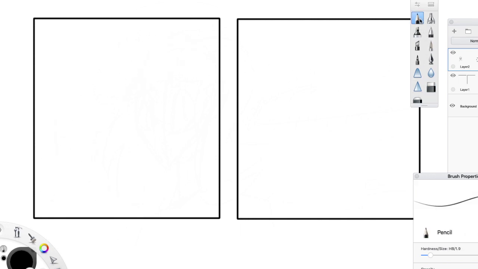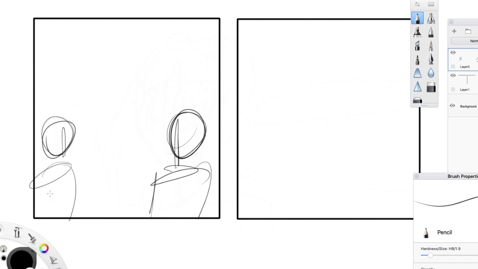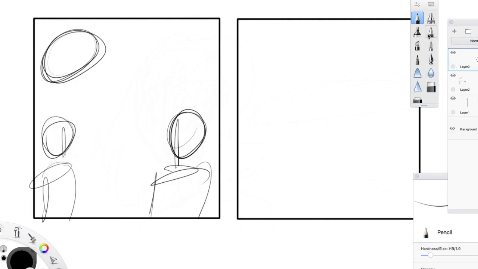Now, as for the Z formation, here I've got two people talking to each other. We will automatically read a comic strip in a Z. It's left to right, but it's different.